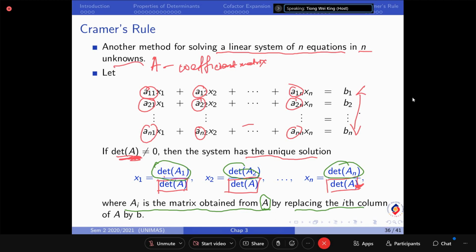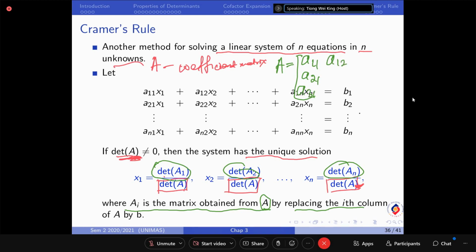Okay, what does that mean? If we consider a 3 by 3 linear system, you have A11, A21, A31, A12, A13, and then A22, A23, A32, A33.